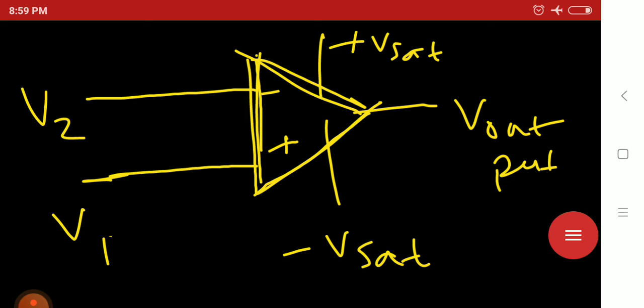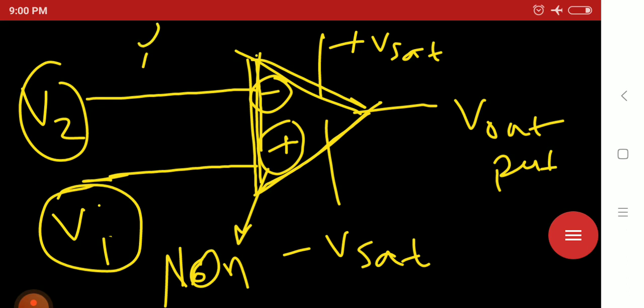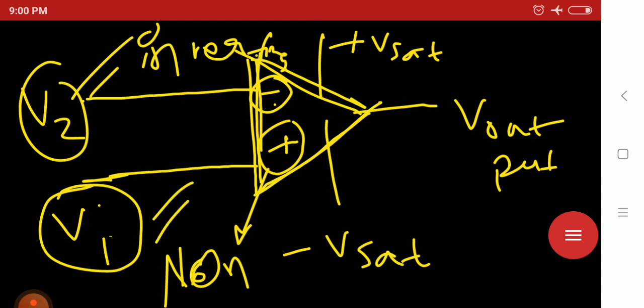In this case, V1 is where you can see the plus sign, that is the non-inverting end, and where you can see the minus sign, V2, that is the inverting end. That means in the minus sign, V2 is the inverting input voltage, and in the plus sign, V1 is the non-inverting input voltage.